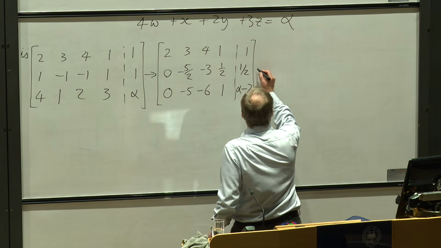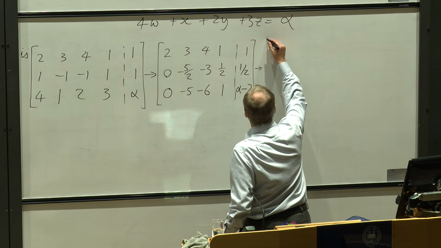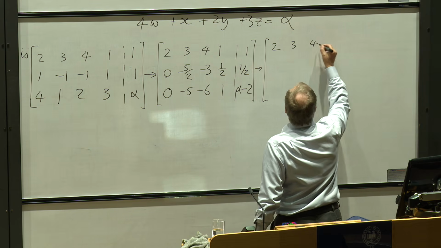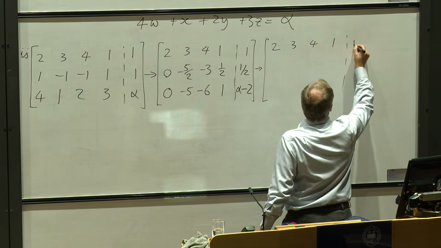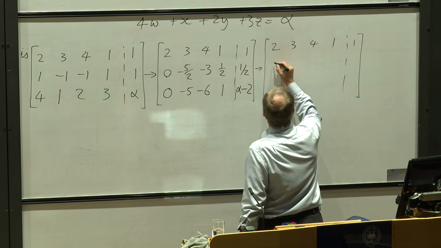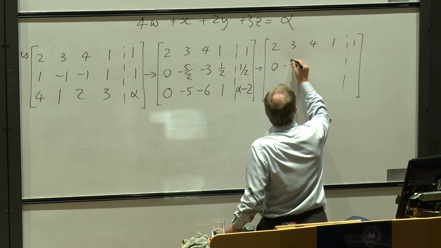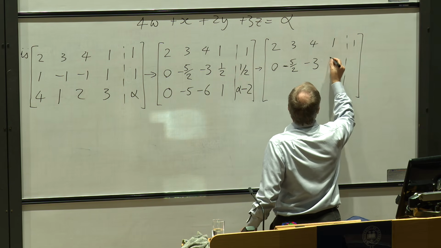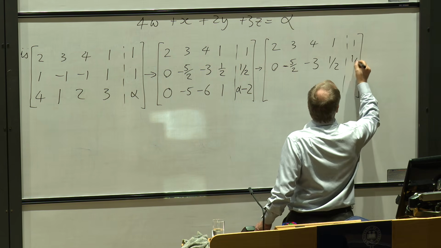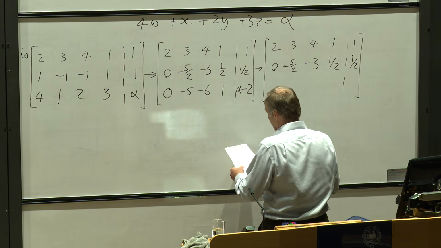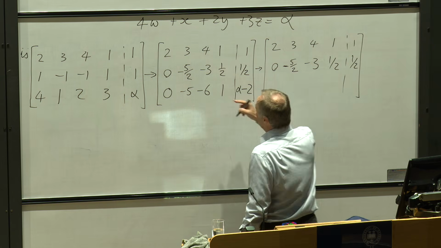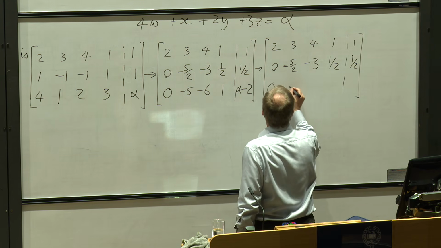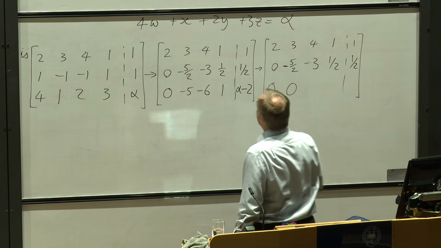And then I'm going to do the next stage, and the next stage of Gauss elimination is not going to change the first equation, nor the second equation. But the final equation is going to become, I've got to add twice that to that, and I'm going to get 0, 0, because 0 plus 0 is 0.